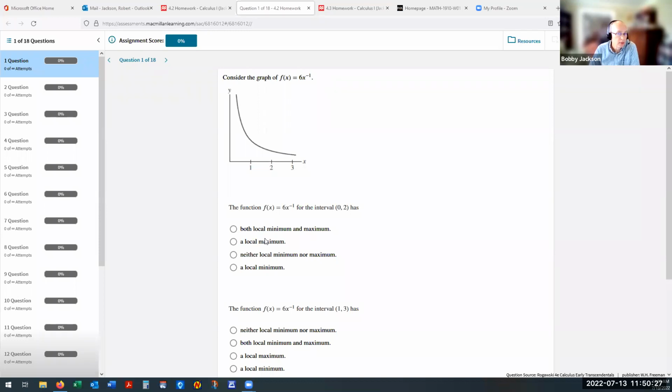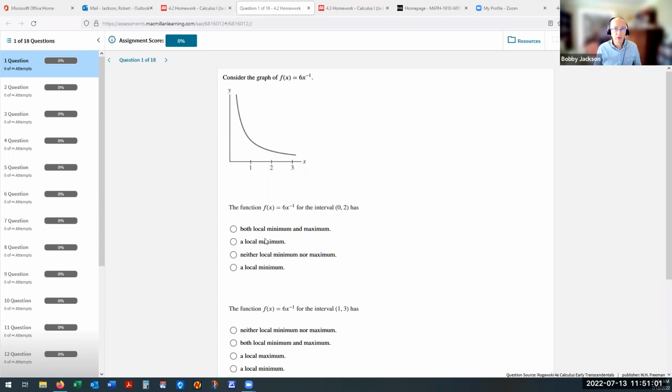So what I'm going to say here is, for this function, there are no local extrema at all. Remember, the definition of a local extremum is where, on an open interval, meaning we exclude the endpoints, so 0 to 2, this interval right here where we're excluding the endpoints, is an open interval.